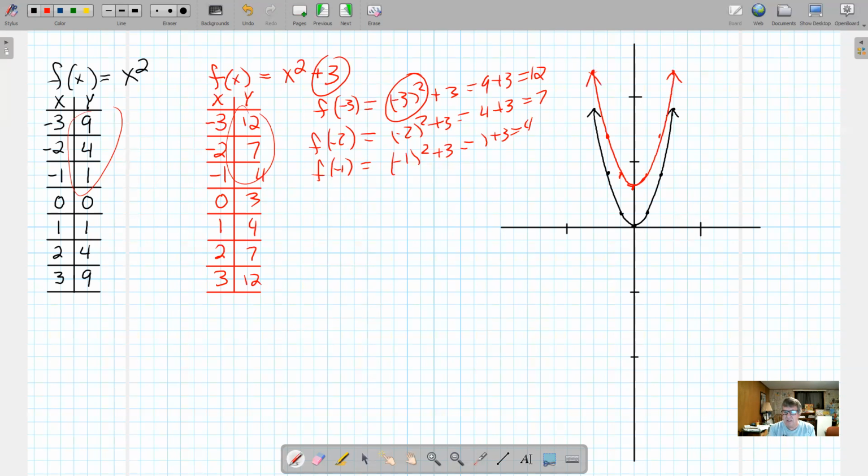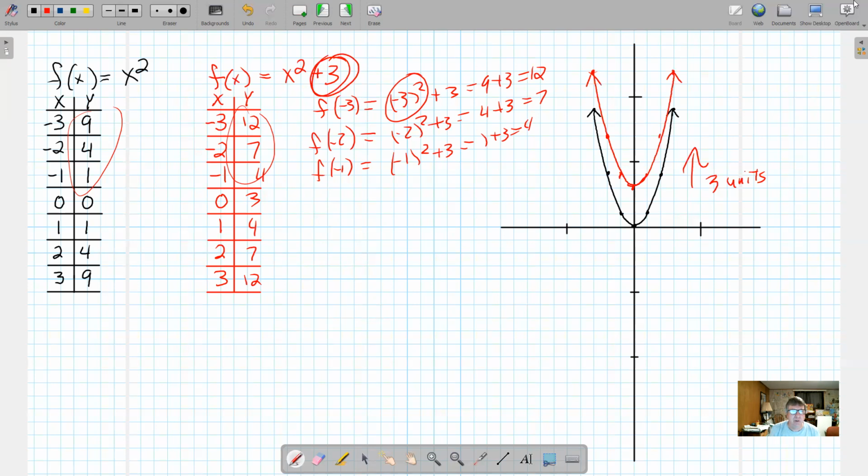So the red graph is the same shape as the black graph, but what has happened? The red graph has moved up 3 units. So by adding a constant term outside of the x squared term, we cause a vertical shift. A +3 moves it 3 units up.